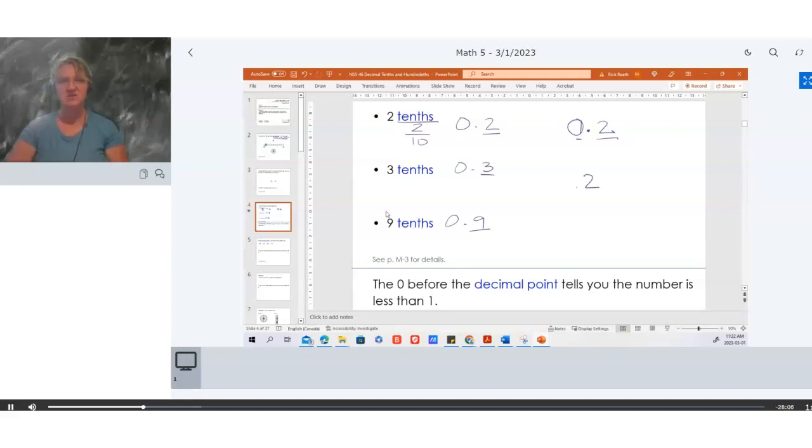Otherwise, if you just do this, people might wonder, okay, is that a decimal or is that just a dot on the paper? What is that? And if you just do a decimal and then a 2, I will mark it wrong because it's not clear enough. You must have the 0 in the ones place, then the decimal, and then your decimal portion of the number. Okay?